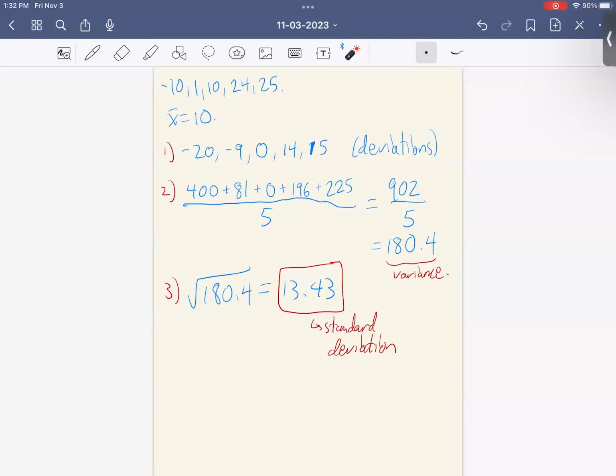So you are saying that if they say calculate the variance and the standard deviation, you have to apply the 3 steps. But if it is calculate the variance, you just have to stop at the variance level. Exactly. If you just want the variance, then you stop at step 2. If you need the standard deviation also, you have to go to step 3. Okay, thank you. You're welcome.